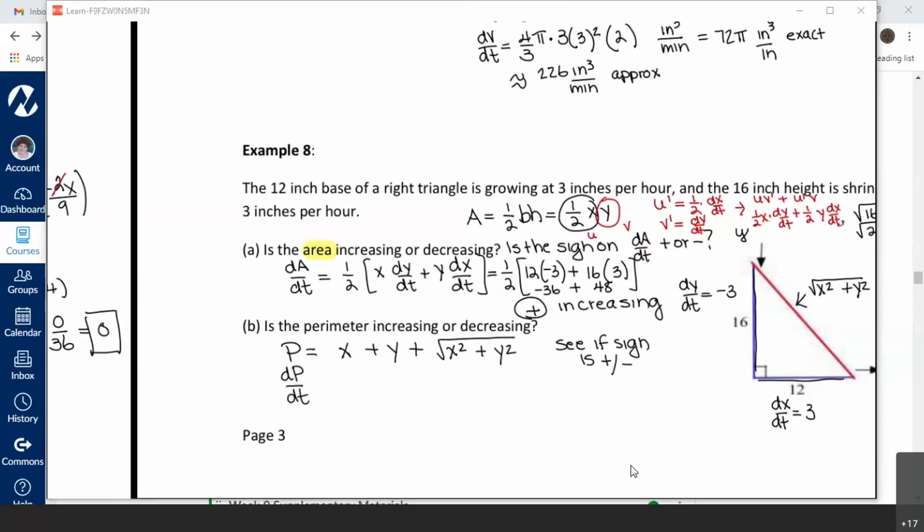Again, this is just a chain rule inside a chain rule. You're going to rewrite this as parentheses with a 1/2 on here. I'm going to skip this part, I'm just showing you how to set it up. Anybody got questions on that one?